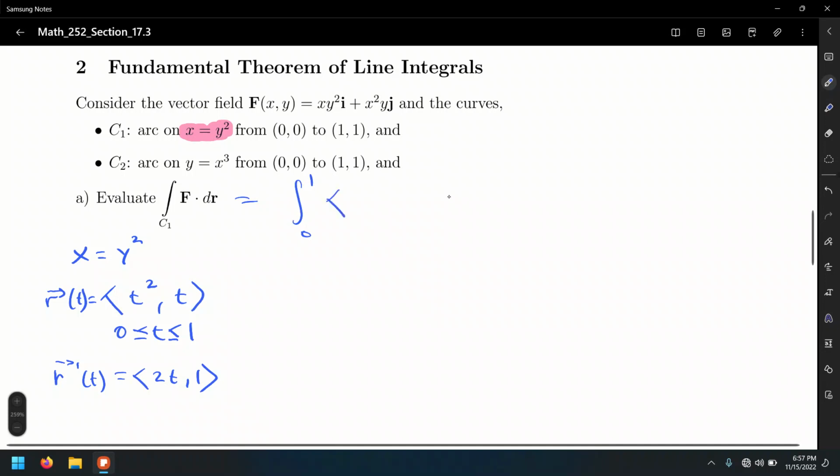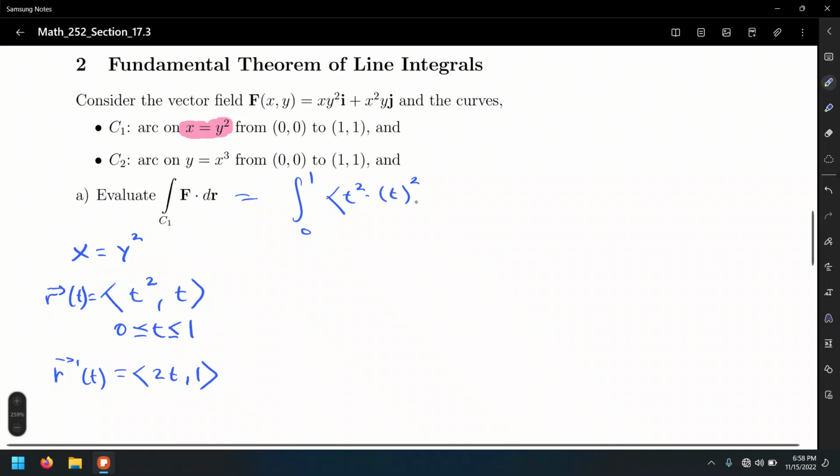We have a vector valued function, and the x component is x times y squared, where x is t squared, times y squared, which is that quantity squared, but y in this case is t.